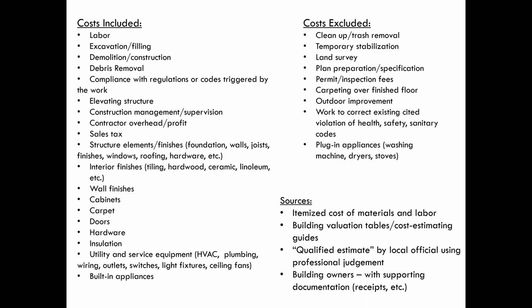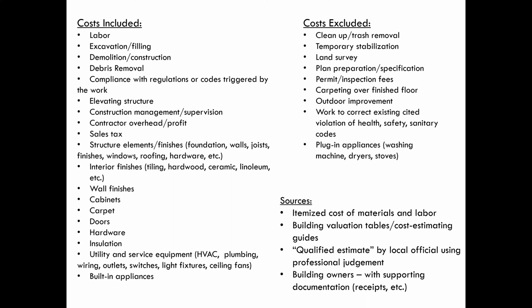The sources for the cost to repair can come from an itemized cost of materials and labor. Again, some communities just require people to provide that. Other sources are building valuation tables, cost estimating guides, or a qualified estimate, if you have a local official working for you who has those types of qualifications and their professional judgment.